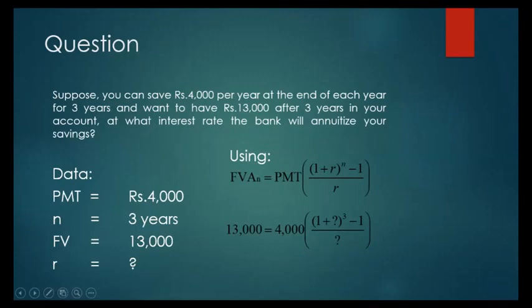So what will be the value of R? We can have 13,000 future value after the end of 3 years in the account. The first thing we can use is the trial and error method, in which we suppose the value of R and, after putting the supposed value, calculate the future value to see if it equals 13,000.